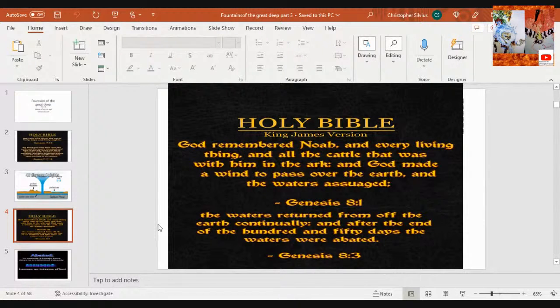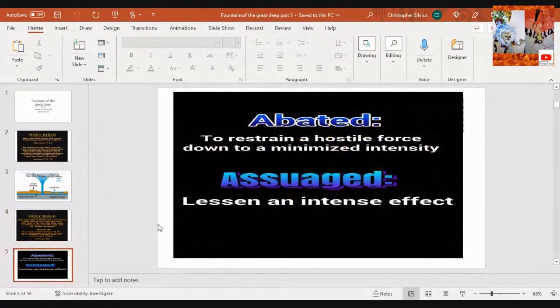So 150 days means that you have 40 days and 40 nights of rain and something like 110 days of the water being basically squeezed out from under the earth to where it's no longer spraying into the atmosphere, but the water level is still rising because the water is still coming up. It's still escaping from under the crust of the earth. And that continues for 110 days.